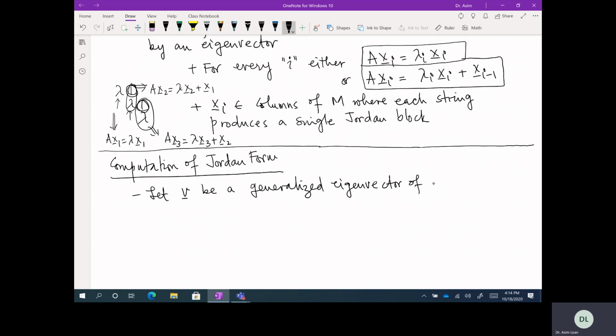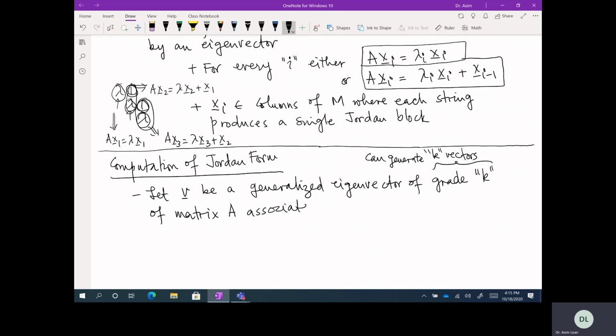Grade k simply means k vectors exist, or it can generate k vectors, of matrix A. And just keep in mind that this block always has the same eigenvalue. So it's the repeated eigenvalue that is a problem. That's why we have a Jordan block. For distinct eigenvalues, this is not a problem.